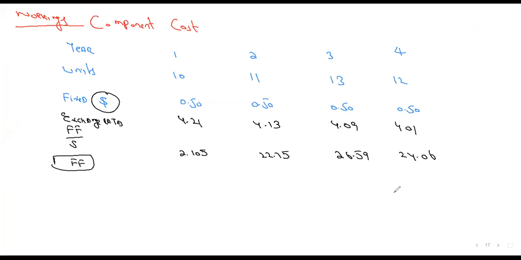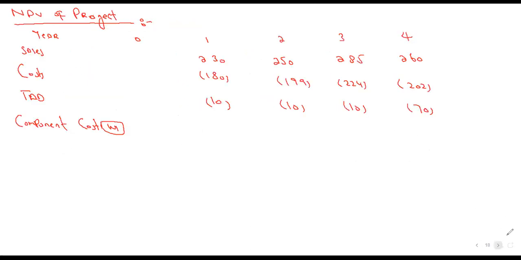So the first one is 21.05, the first year. So this is the component cost. We have already worked it out. 21.05, 22.72, 26.59, 24.